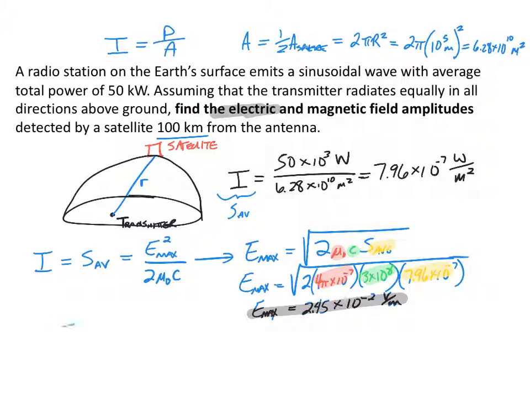And given that E over B equals c, which is one of the things we found along the way through Maxwell, that means my B max will just be E max over c. So divide the number I just got by 3 times 10 to the 8. And I get 8.17 times 10 to the minus 11 Tesla, which is an insanely small magnetic field strength.